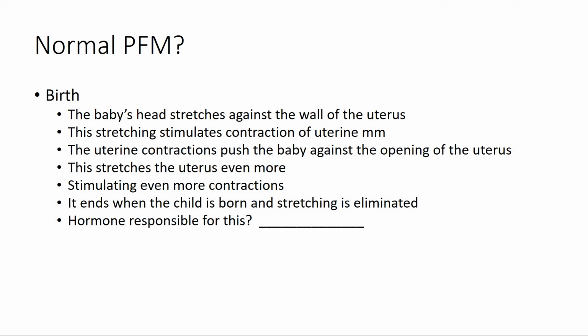So for whatever reason, they actually consider this a positive feedback mechanism, and the hormone responsible for this is oxytocin. So when the uterine wall is stretched, because the head is pressing against it, it's going to send information to the brain to release more oxytocin to contract harder. This helps with the delivery process.